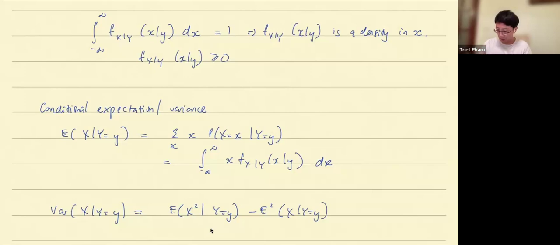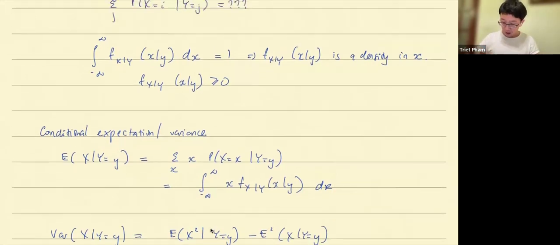And we have shown how to define this. So basically here we have X squared in here, and here it'll be this guy squared. So you can basically do anything with a conditional distribution that you can with a regular distribution.